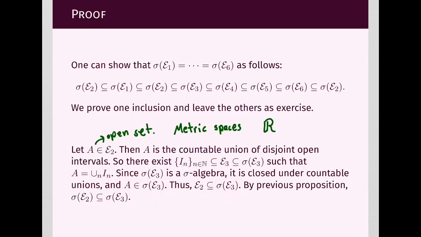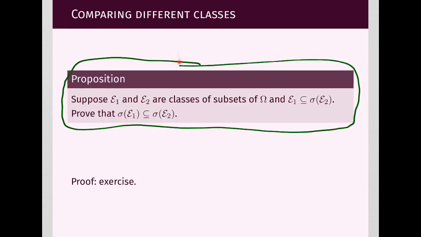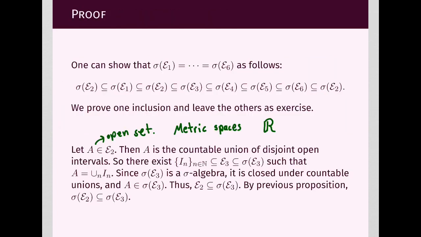So we just concluded that E2 is contained in sigma of E3. So by the previous proposition, which one? This one here. By this proposition, we can conclude that in fact sigma of E2 is contained in sigma of E3, which is exactly what we are trying to prove.